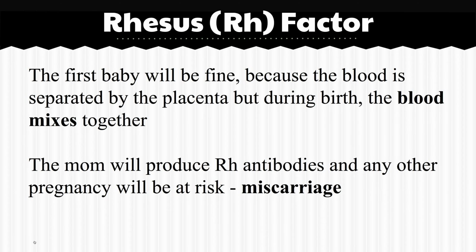But during birth, the blood starts to mix together. So then the mom produces the Rh antibodies to fight off this positive blood, and any other pregnancy is at risk of a miscarriage because the mom has already built up these antibodies. As soon as it senses any of that positive, it will start to miscarry.